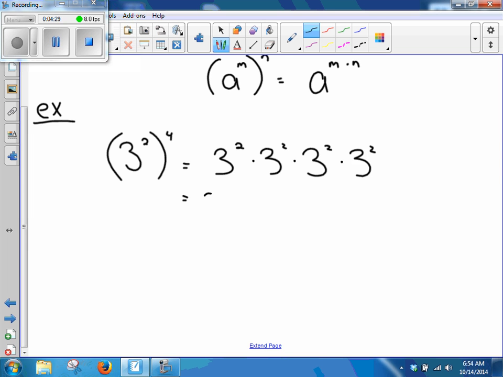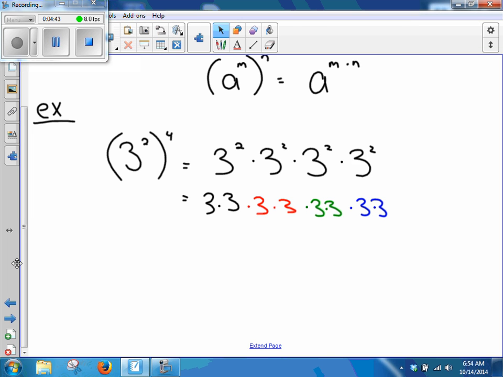So I really have 3 times 3, 3 times 3, and I'm going to use different colors to represent the 4 groups we have here. If you look at it, there are the 4 3-squareds. How many 3's do you have? You have 1, 2, 3, 4, 5, 6, 7, 8. So I can rewrite this as 3 to the 8th.